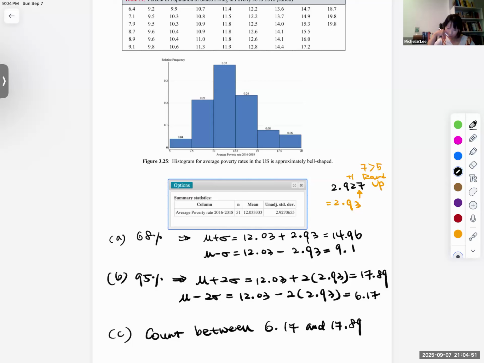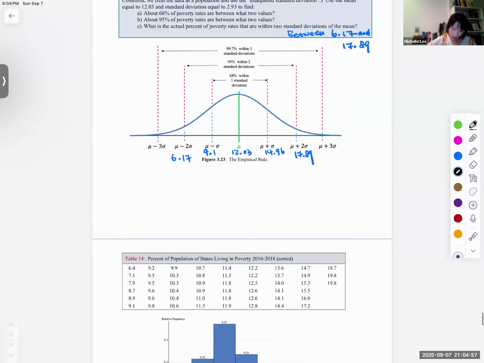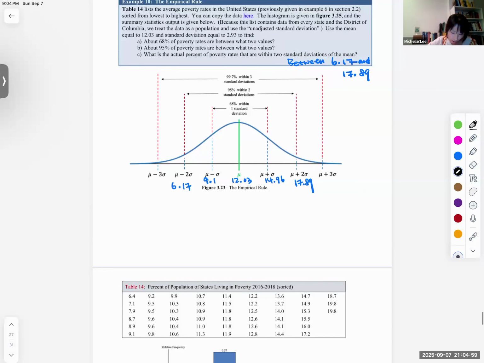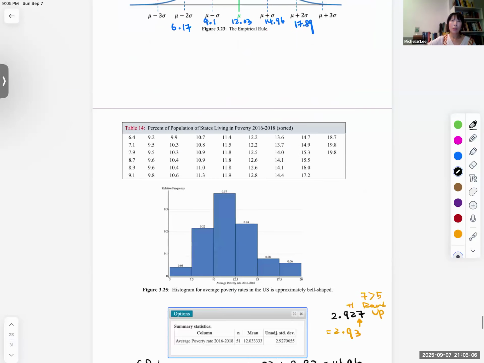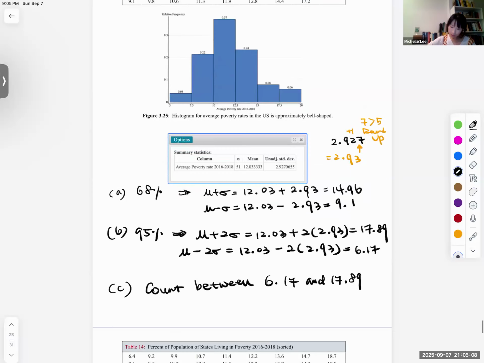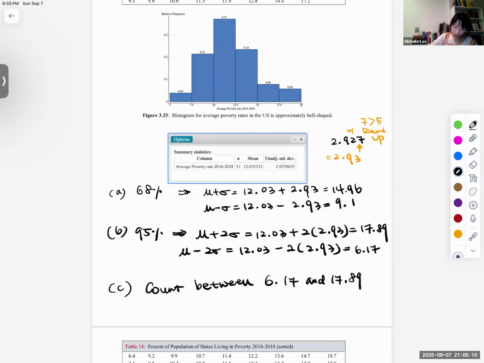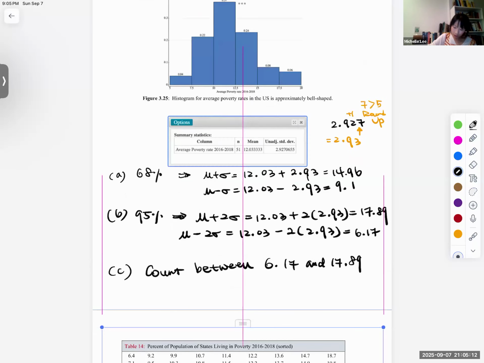What do you get? Sorry, make sure it is within two standard deviations, 6.17 and 17.89. So there will be how many? 48.